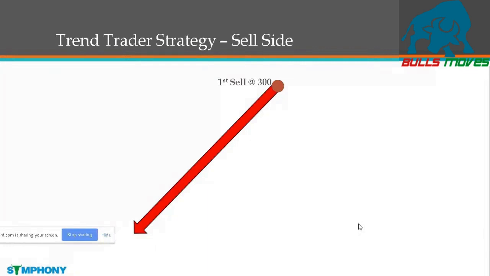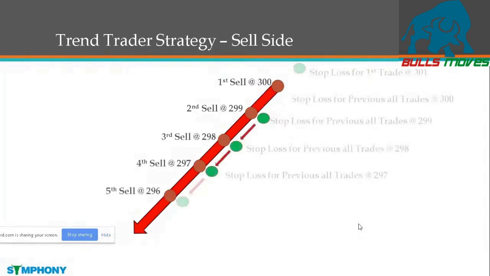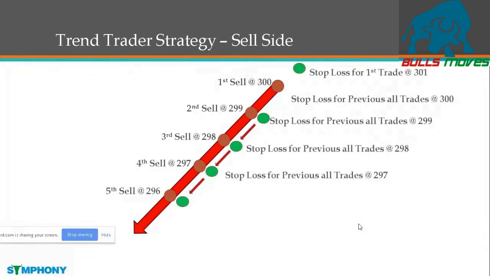Your first short sell will be at 300 rupees, and 1 rupee downside, again it will short sell at 299 rupees. Again, whenever the price goes downside, it will short sell continuously, and it will keep your stop loss also. Whatever you have short sold at 300 rupees, it will keep a stop loss at 301. Whatever you have shorted at 299 rupees, it will keep a stop loss at 300 rupees.